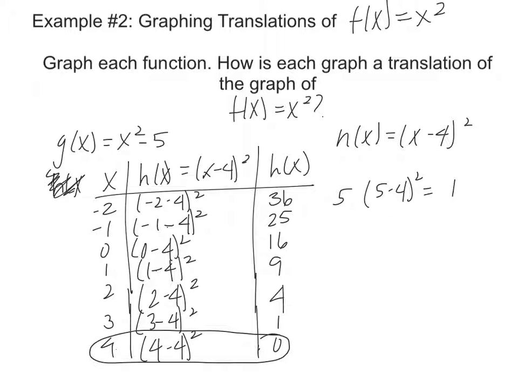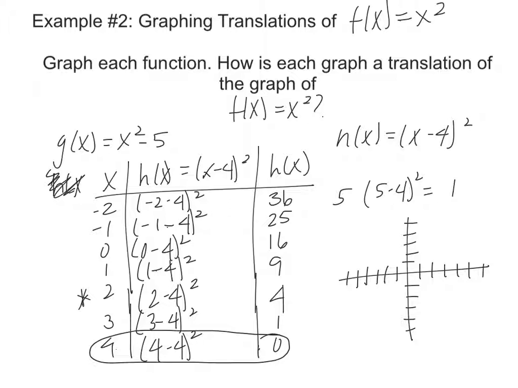Okay, reason being our graph has been shifted 4 units in a certain direction. Now let's see what direction that's going to be. So when we graph, and I'm not going to do all of them. I'm going to start right about here.